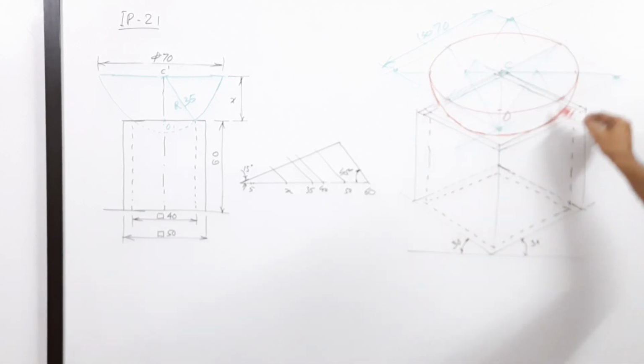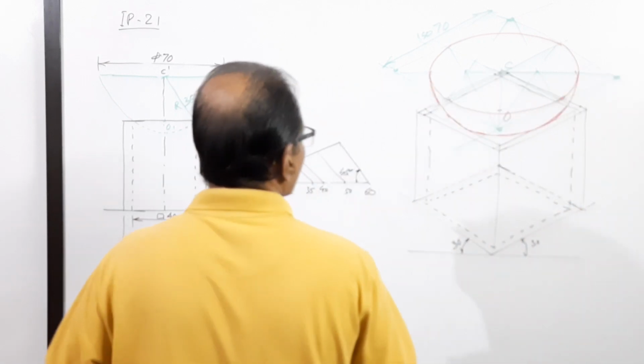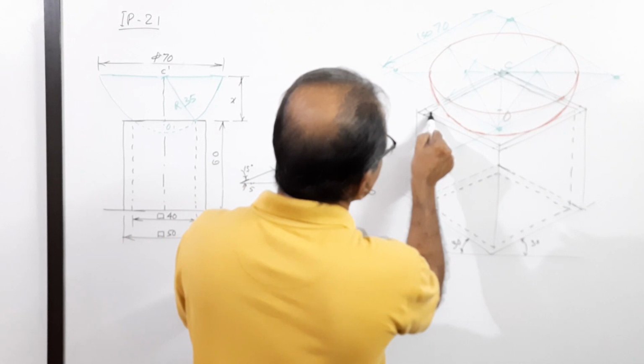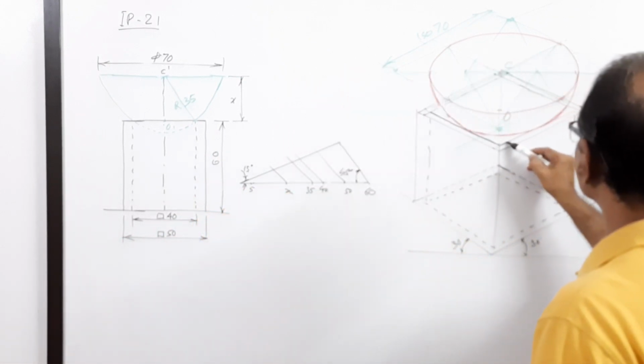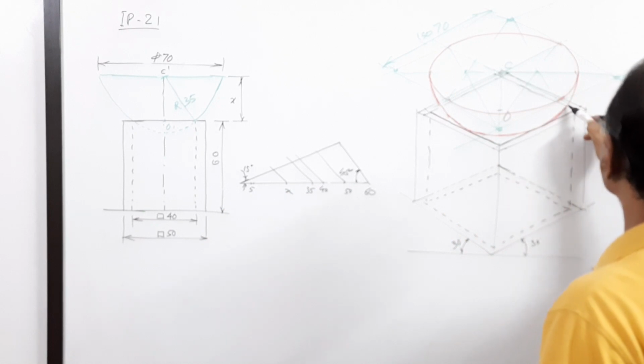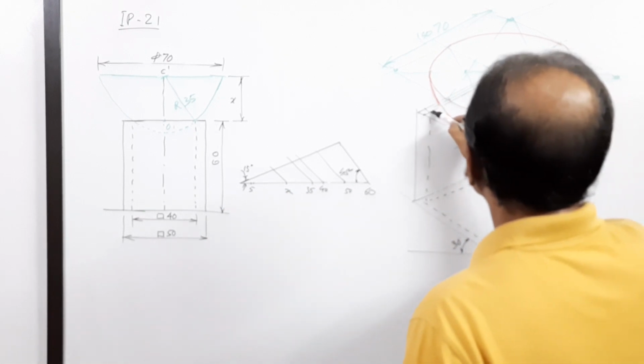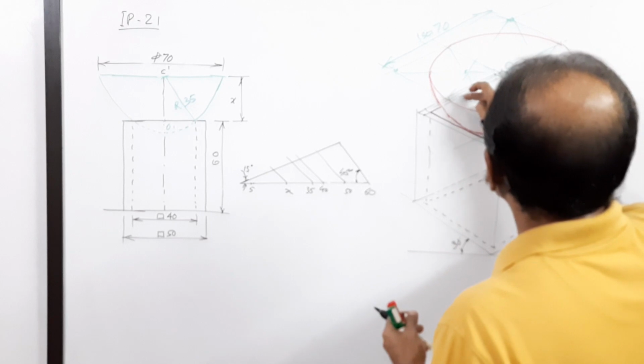It will just pass tangential to the inner edges of the hollow square prism. This will be firm, this much will be firm, this will be dotted.